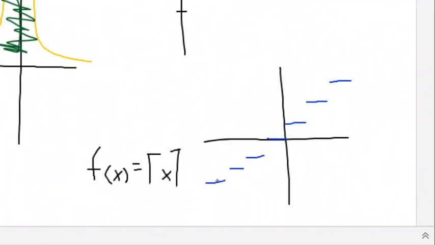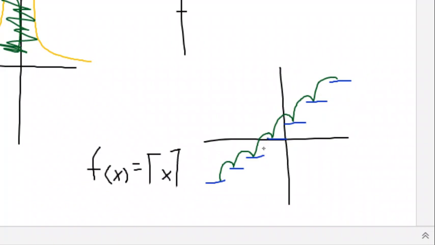It's very obvious that these don't go to infinity. They're not zooming down or zooming up. And they're also not connected with just a little hole in the middle. But it's obviously discontinuous because you have to step and step and step and step. And so each of these steps you have to take is a jump discontinuity.